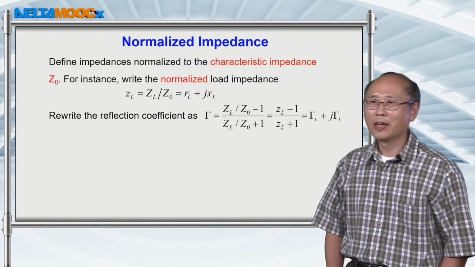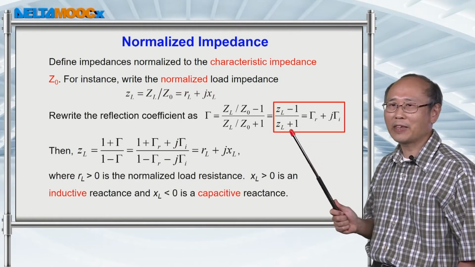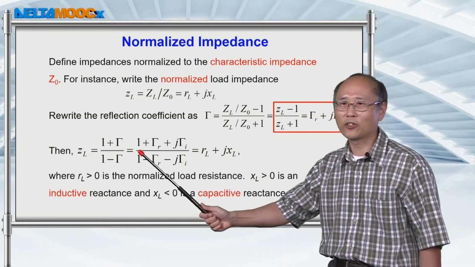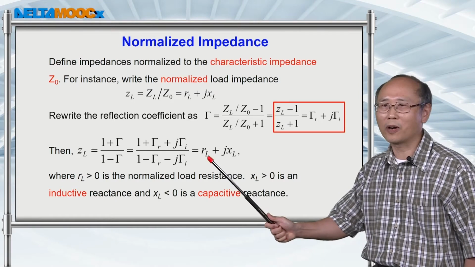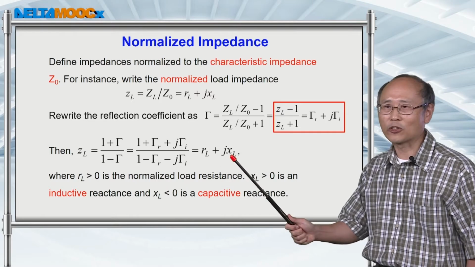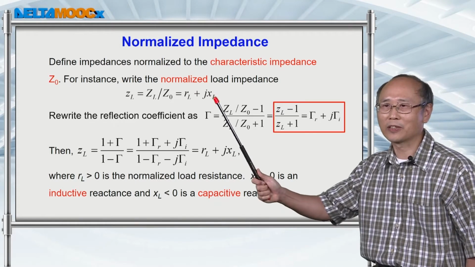If you look at this part of the equation, you can rewrite zL as a function of gamma. On the right-hand side, this is the real part of your load impedance, and this is the imaginary part of your load impedance. Just copy down from this expression.